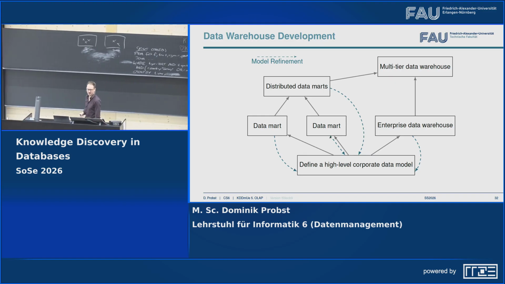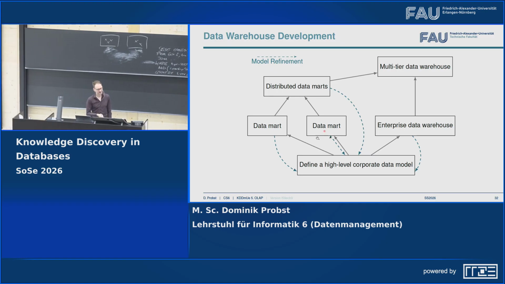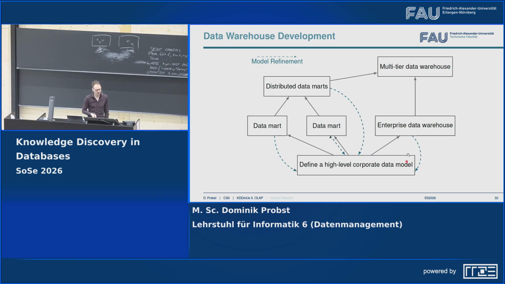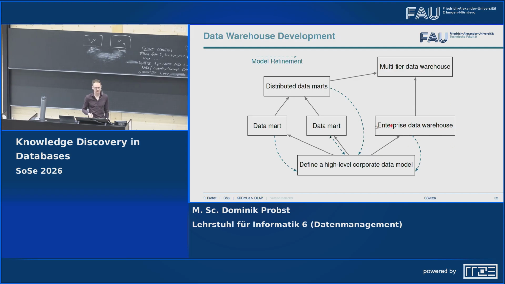Within a company, we can have a very high-level corporate data model that puts out different data marts for different engineers and different interest groups, which are of course based on an enterprise data warehouse. These data marts can also be distributed, and this combines into a multi-tier data warehouse.